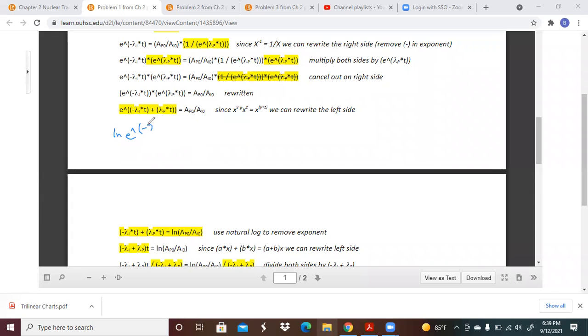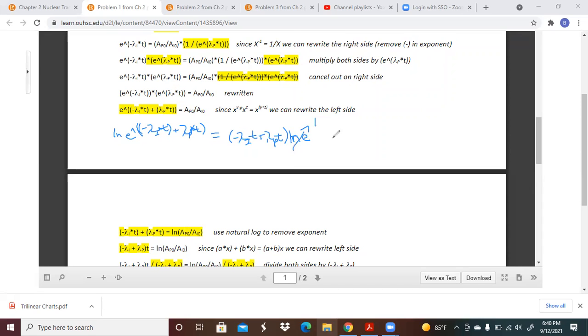E minus lambda I T, and draw another set of parentheses around there, plus lambda P times T. What that basically ends up meaning is that you end up with minus lambda I T plus lambda of phosphorus times T times a natural log of e.